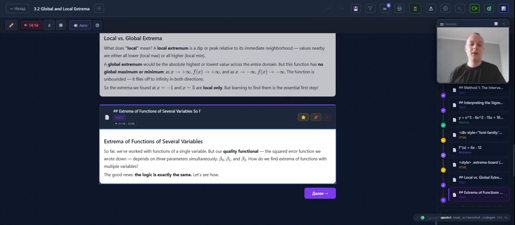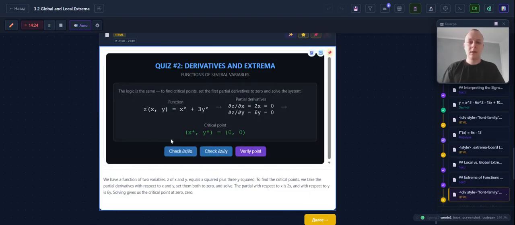We have beta 0, beta 1, and beta 2. So how can we find extrema of functions with multiple variables? Basically the same logic might be applied here. If we have more than one variable, the logic is the same.